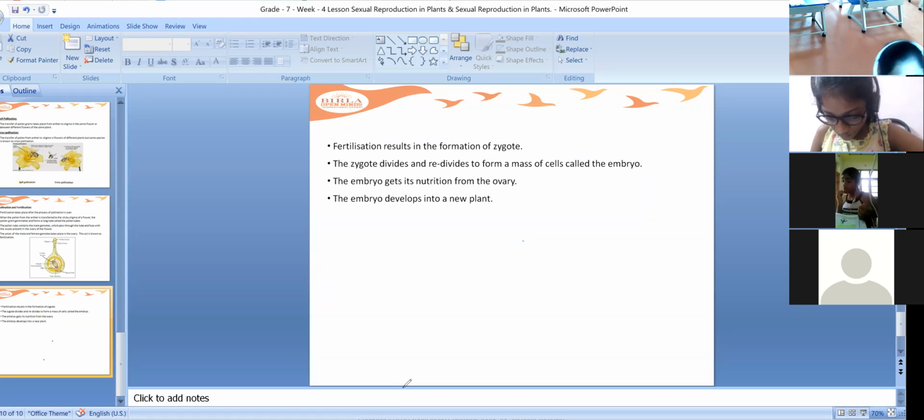These seeds fall down in the soil and bury deep into the soil. Again, a new plant comes out from this embryo. This embryo is nothing but the seed from the plant which we get. I'll just show you a video regarding this.